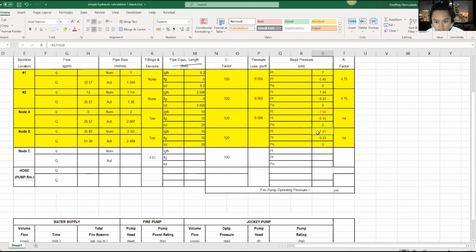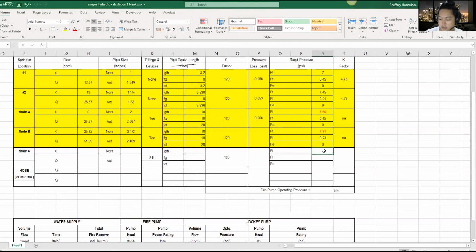Let me just add these two first. I forgot: the first thing you need to do when jumping to another node or sprinkler in your calculation is calculate the total pressure.